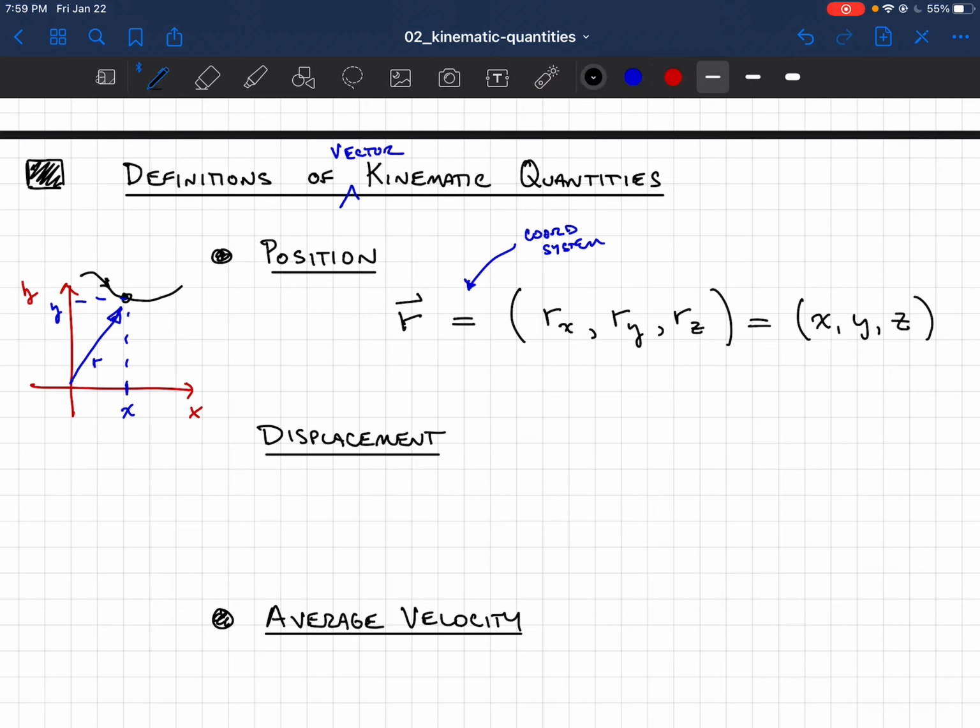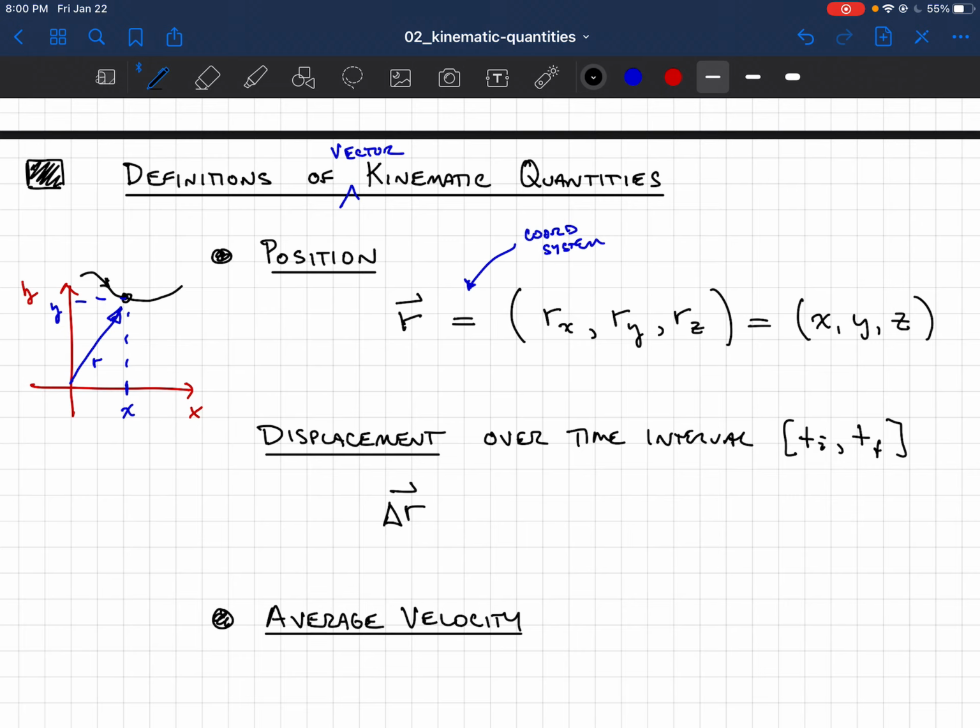So that's the position. The next thing that we need to define related to the position is called the displacement. The displacement is written as delta r, and it corresponds to the change in position over some time interval. So we might say that this is displacement over the time interval from t initial to t final.